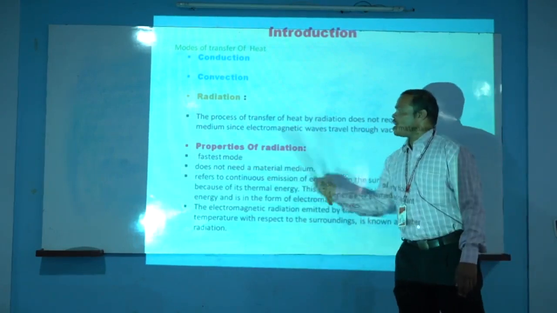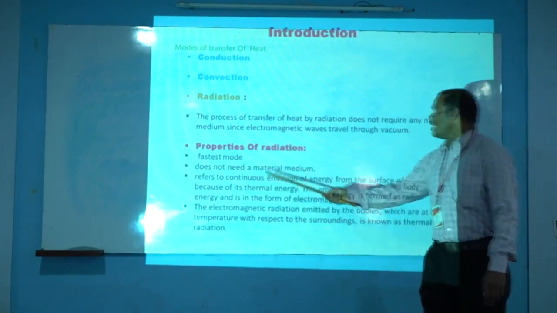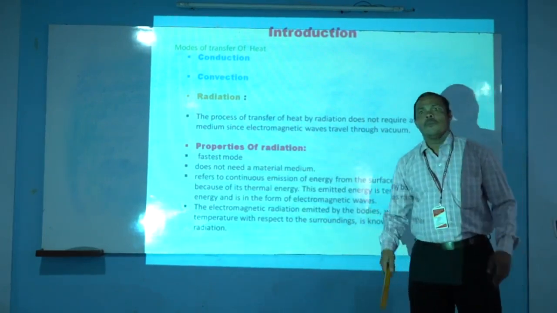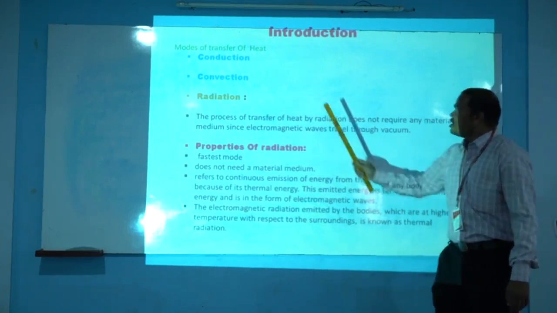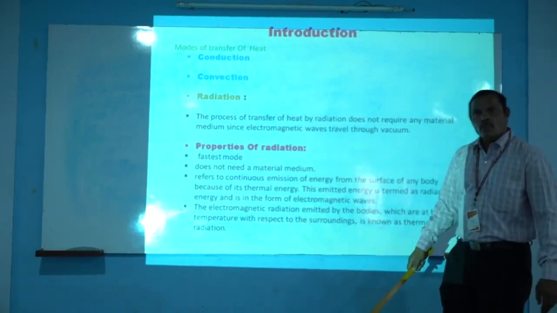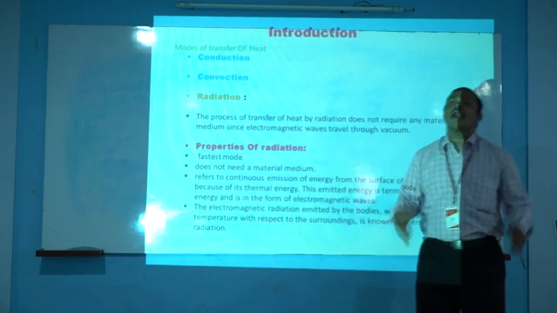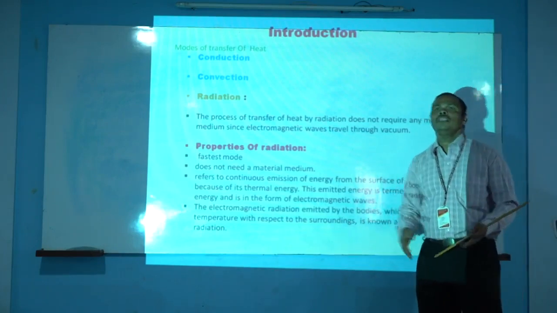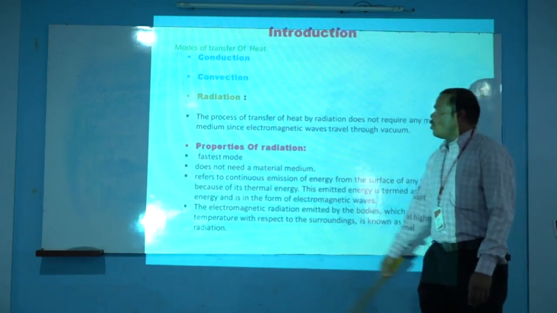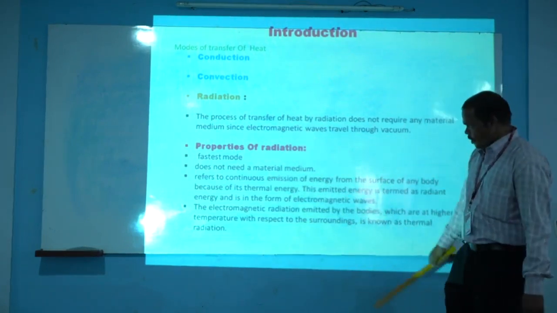Secondly, it does not require a material medium, because as we have already stated in the definition, radiation travels by means of electromagnetic waves, which are non-mechanical waves, for which a material medium is not required.